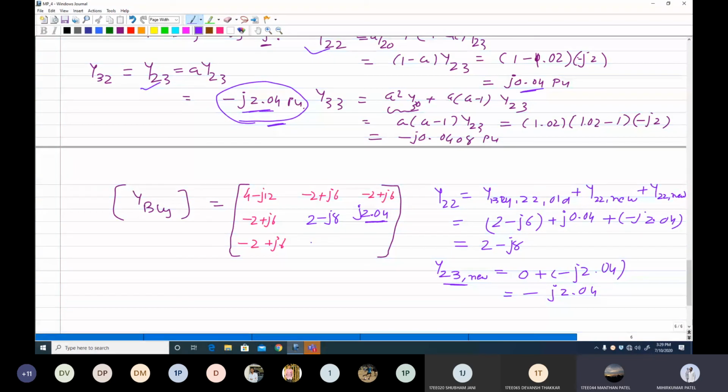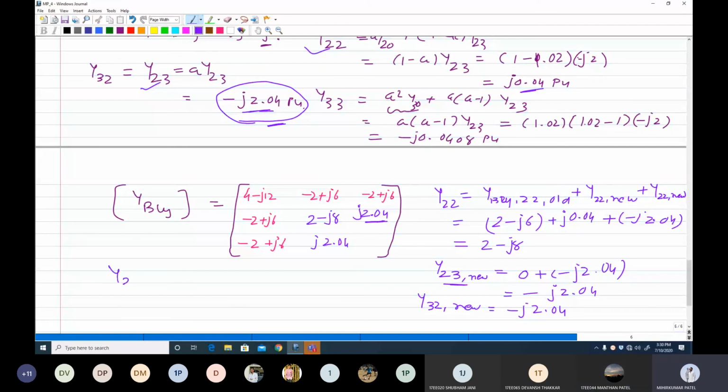Clear? Similarly, what is the value of Y32? Y32 new is j2.04.